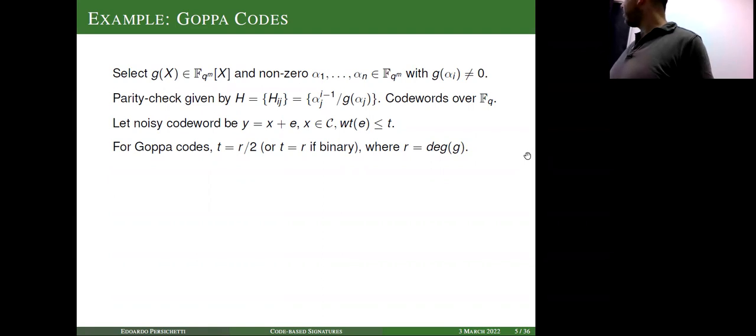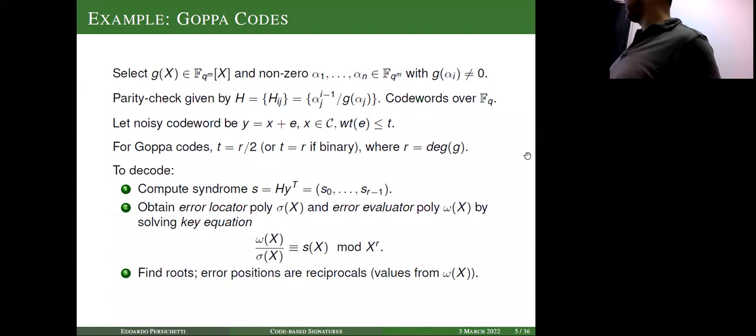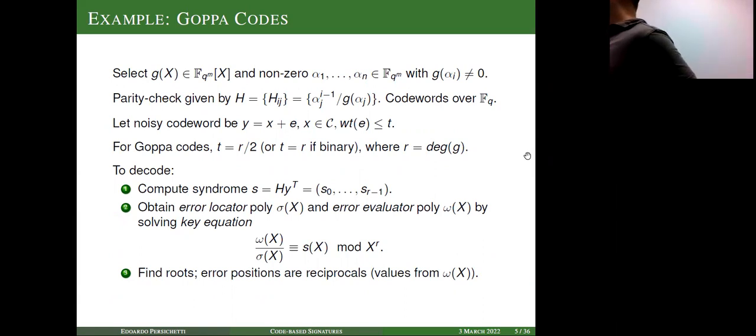How does the code correct? First, we compute the syndrome of the received word. You will notice that the syndrome of the received word is, by linearity, the syndrome of x plus the syndrome of e. The syndrome of x is 0 because x is a codeword. e is what we are trying to find. So if we can somehow decode this syndrome, then we can obtain our error. To find the error positions, we use the magic algebra underlying the Goppa codes, and we're able to construct some polynomials sigma and omega, which we call the error locator and error evaluator, through this so-called fundamental relation.